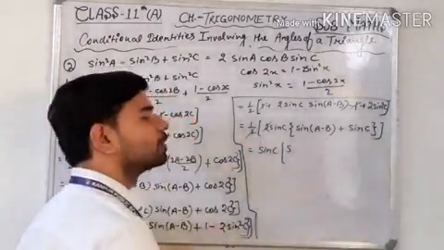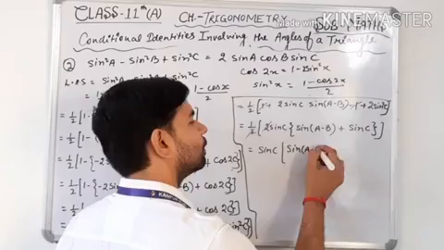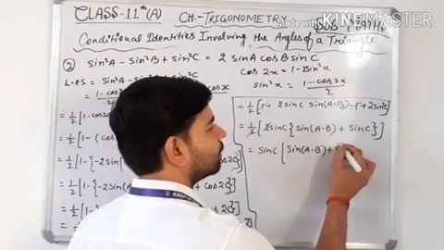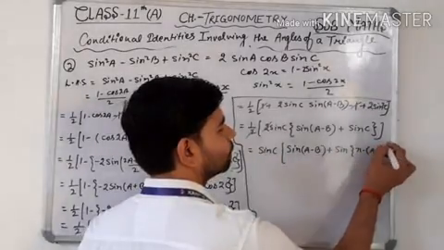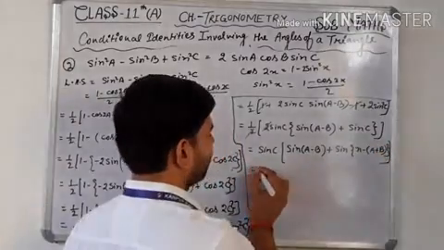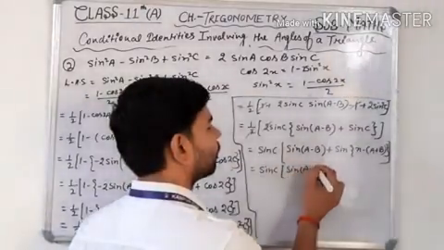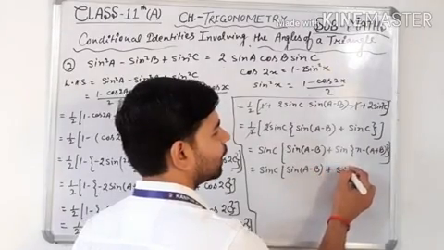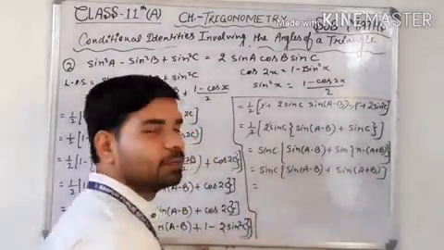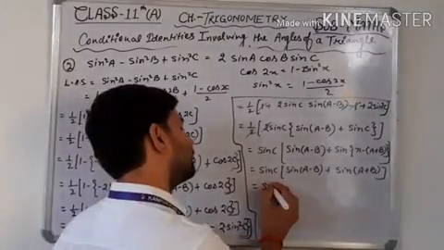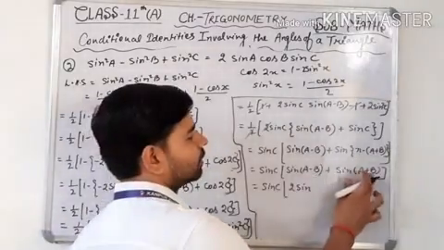Now again transform c into terms of a and b. We get sin c, sin (a minus b) plus sin (pi minus (a plus b)), equal sin c, sin (a minus b) plus sin (a plus b). Again apply sin c plus sin d. We get sin c times 2 sin (c plus d)/2.